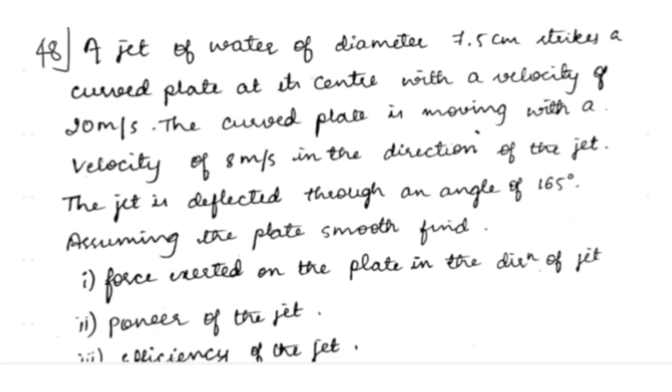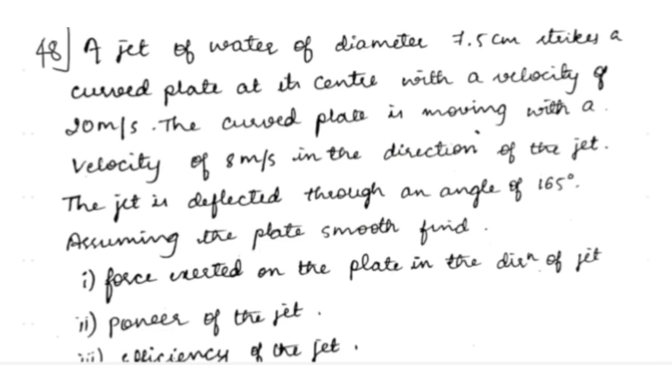A jet of water of diameter 7.5 cm strikes a curved plate at its center with a velocity of 20 meter per second. The curved plate is moving with a velocity of 8 meter per second in the direction of the jet. The jet is deflected through an angle of 165 degrees.